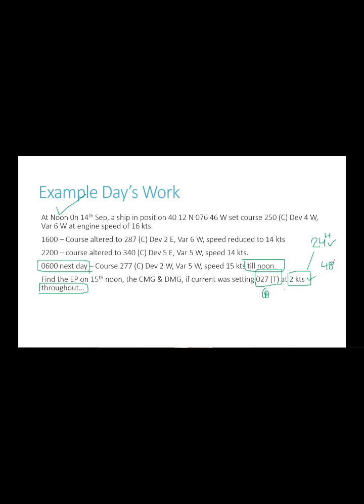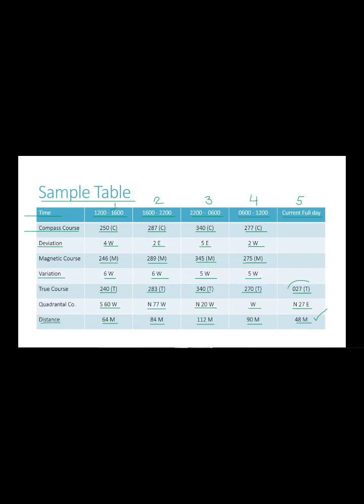Thank you sir. 48. So 027 is our course and 48 miles is our distance. Now you look in the table, 027 is our course and 48 miles is our distance.